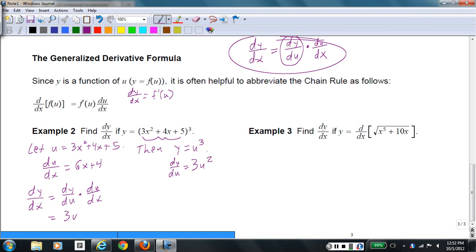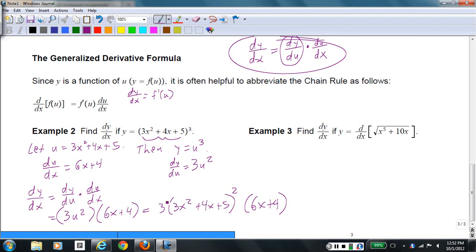That's going to be 3u squared times 6x plus 4. And then it has a u in it. We were expecting it to have a u in it. So we substitute 3x squared plus 4x plus 5 for that u. So this is 3 times 3x squared plus 4x plus 5, quantity squared, times 6x plus 4. Other than factoring a 2, maybe out of the 6x plus 4, that's the final answer.